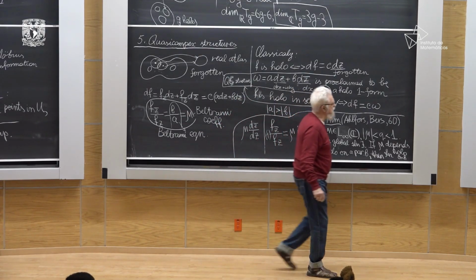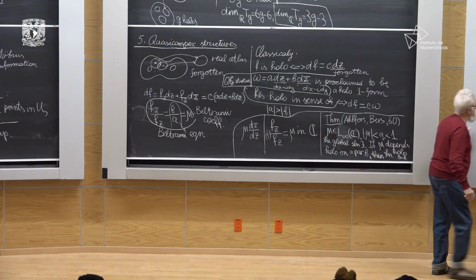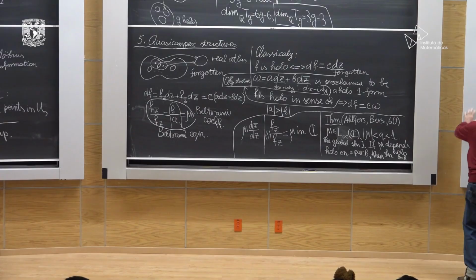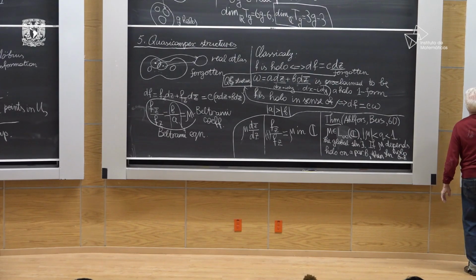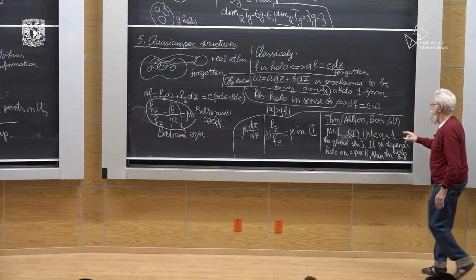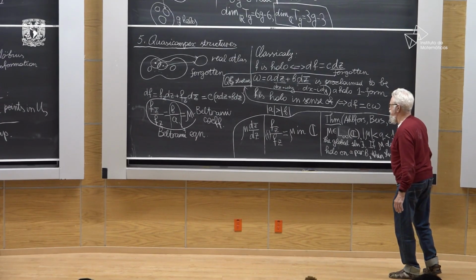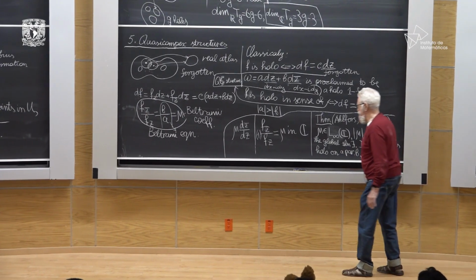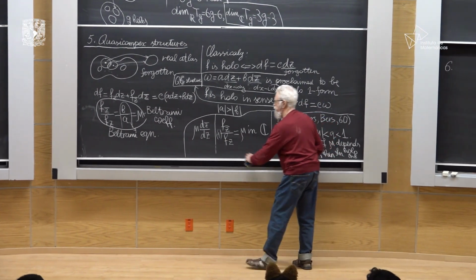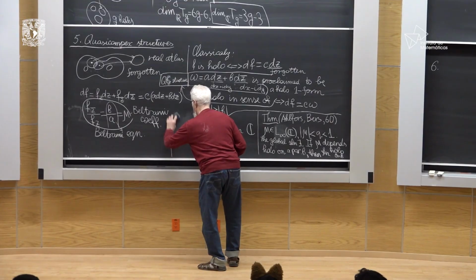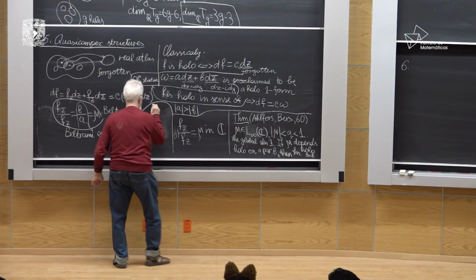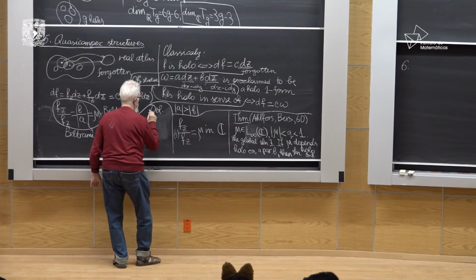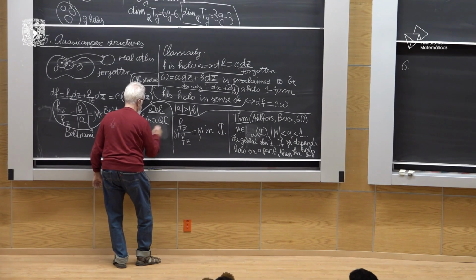So let us now pass to the quasi-conformal deformation of a Fuchsian group. So this f, the solution of the Beltrami equation, is called a quasi-conformal map.